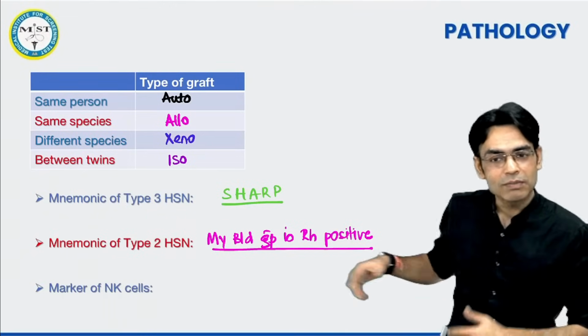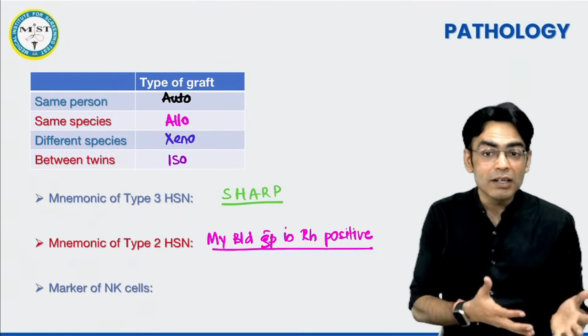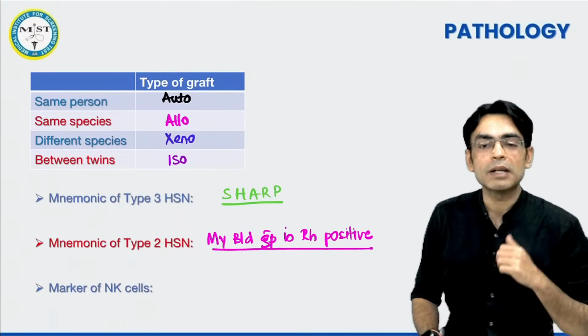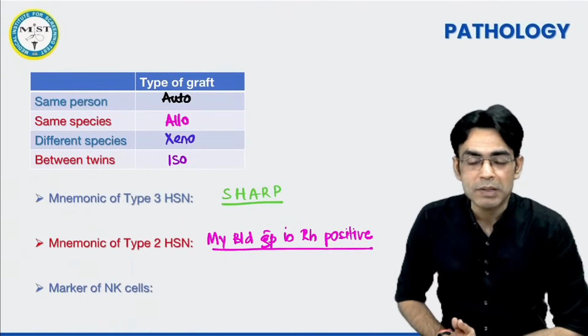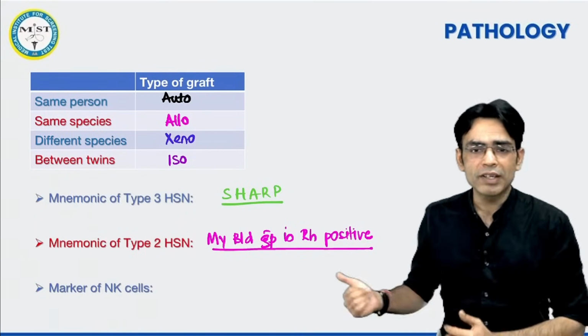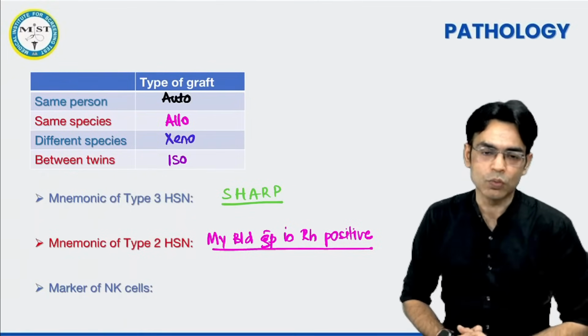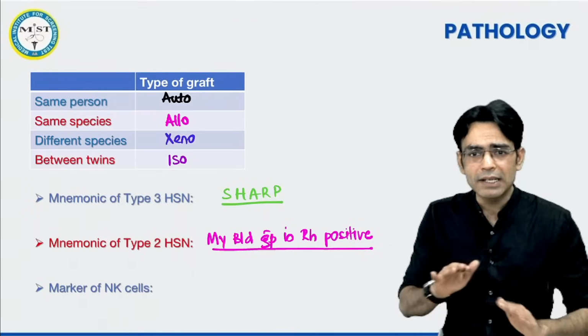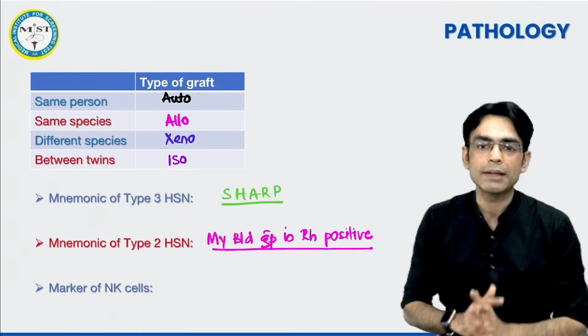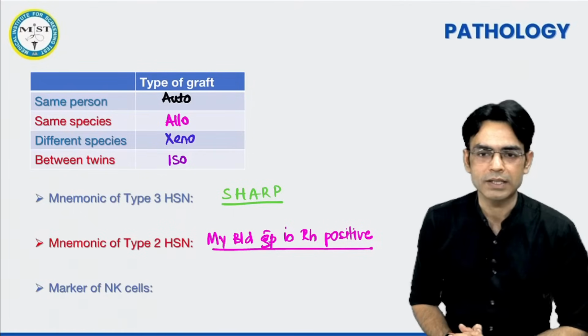Then RH disease of newborn, again blood related problem है. And positive से बेटा pernicious anemia, very important. Pernicious anemia is which kind of hypersensitivity? Type 2. Pemphigus vulgaris also is type 2. So learn these mnemonics, okay? And remember, anything related to blood, more commonly it is type 2 hypersensitivity always, okay?